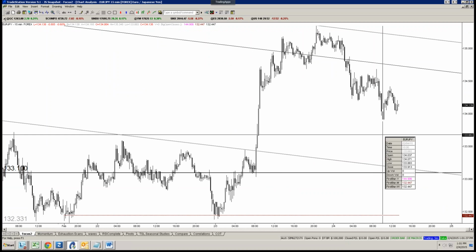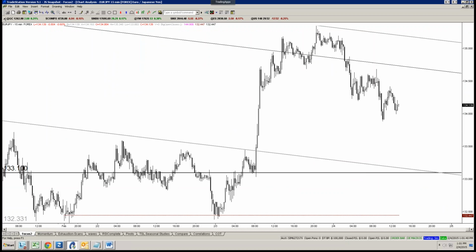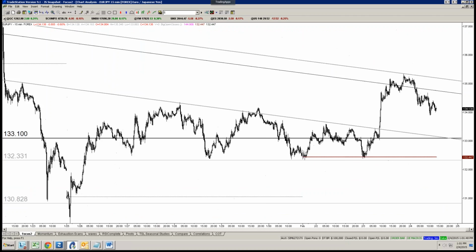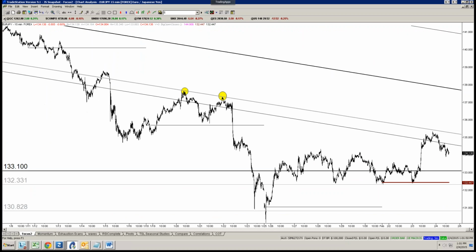All right. So what I'm going to do is go a little more granular on this Euro yen chart. So we've got that slope, right? Added this. I'm going to take that out for a second.